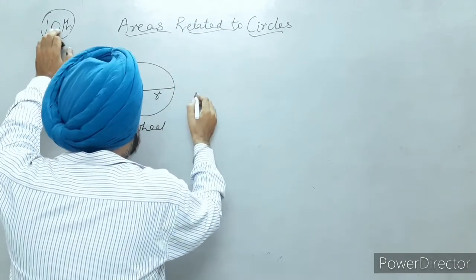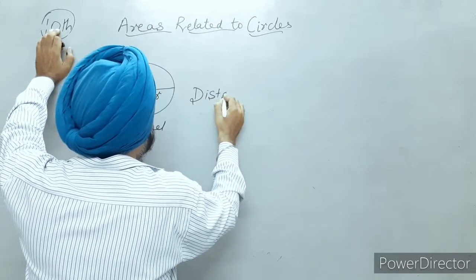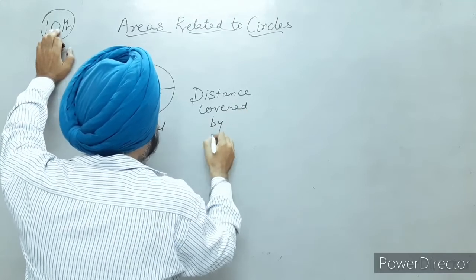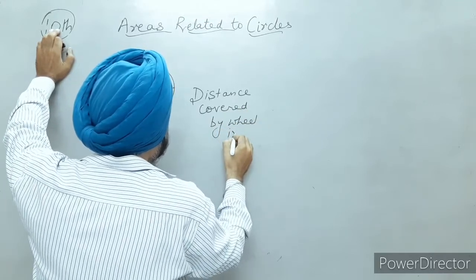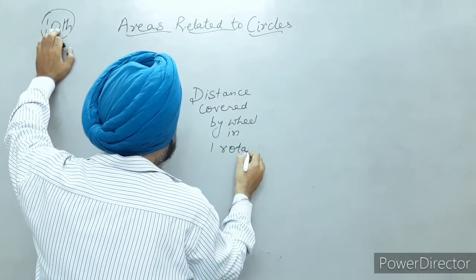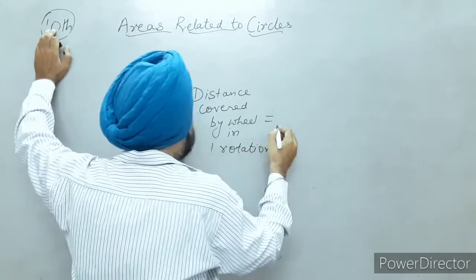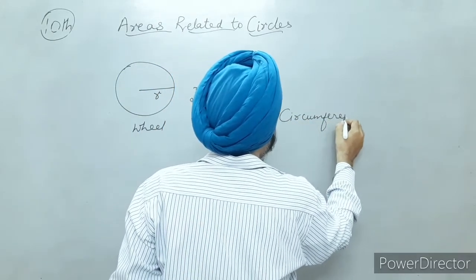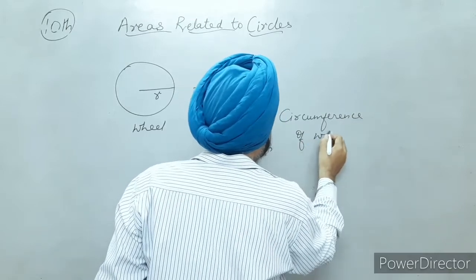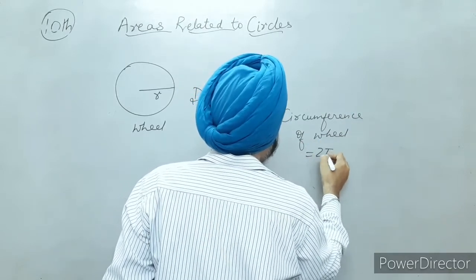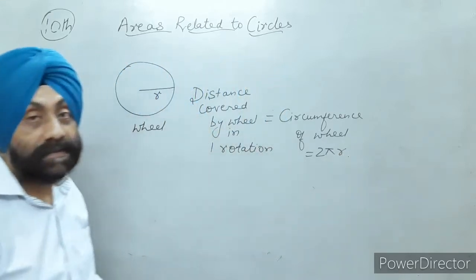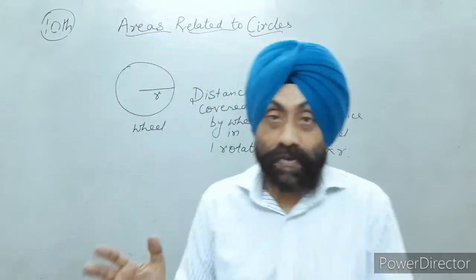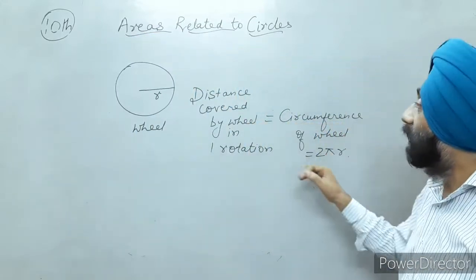Now, the distance covered by the wheel in one rotation is equal to the circumference of the wheel, that is 2 pi r.